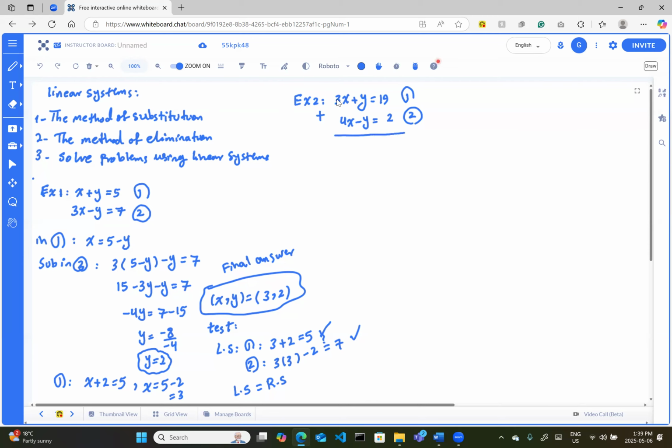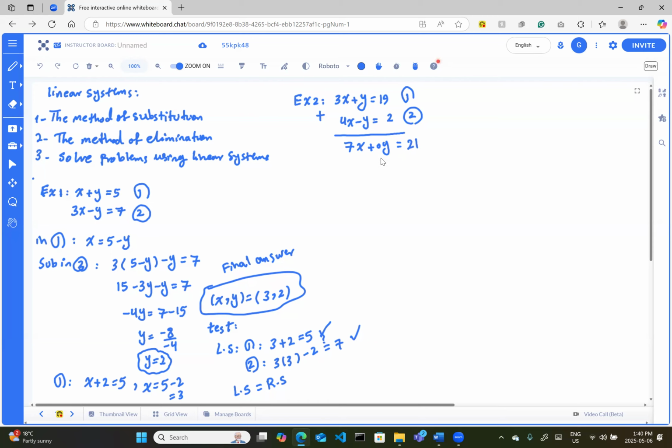It's algebraic addition here. So 3x plus 4x, they are the common terms. So this will add up to 7x. Positive y minus y will be 0. So no y. And then equals 19 plus 2, which is 21.